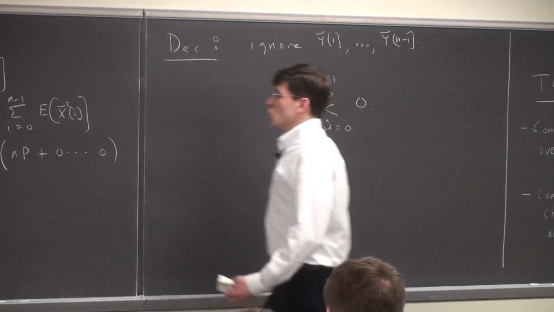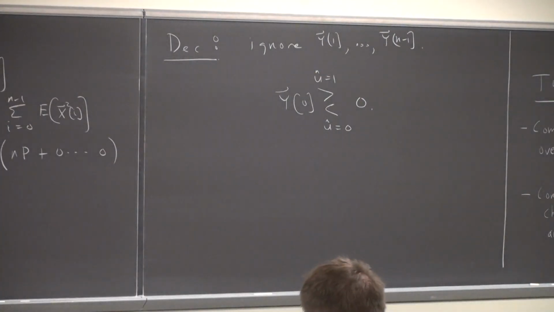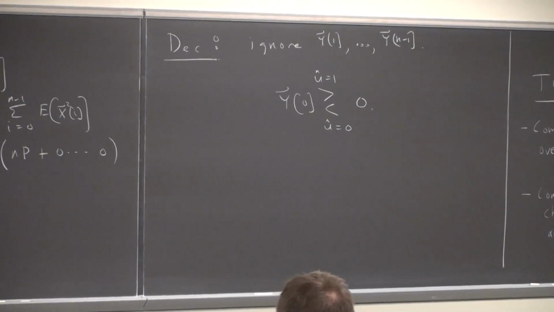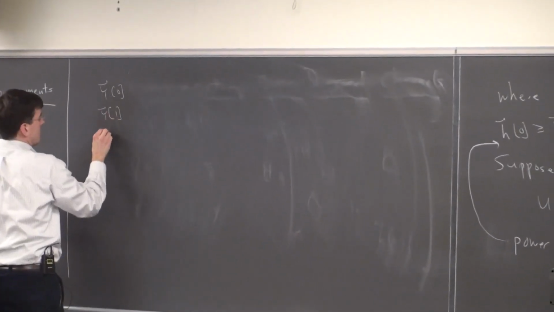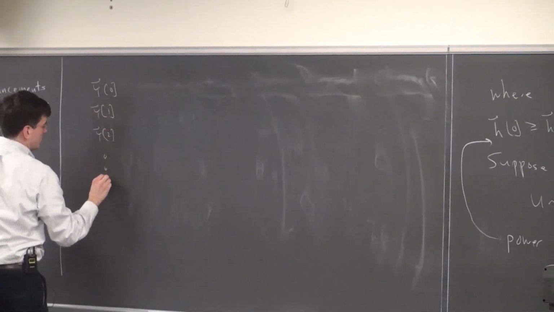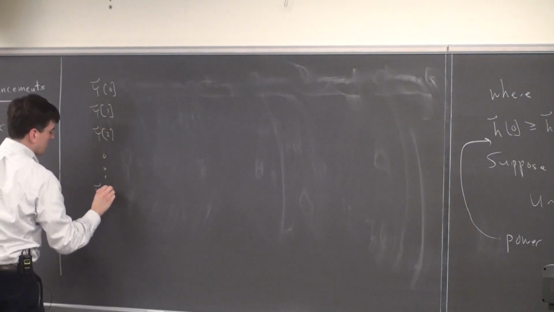Yeah. So that is indeed the MAP decoder. Let me justify this and point out one subtlety that it's easy to miss. If you write out this equation component by component all the way through, you have y0, y1, y2 up to yn minus 1.